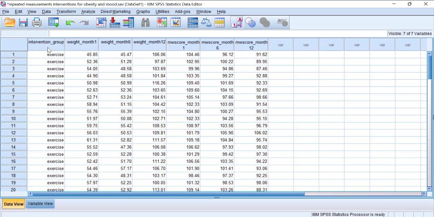So basically, we want to see whether there is any significant effect of our intervention across these different time periods. This is how our data should be organized. This is the data view, and this is the variable view.